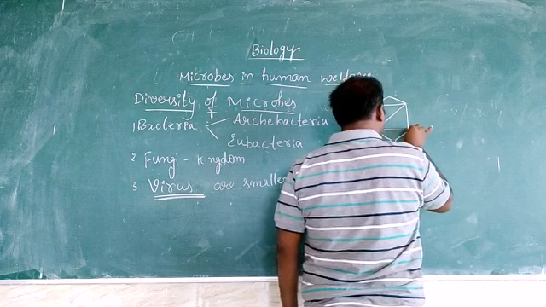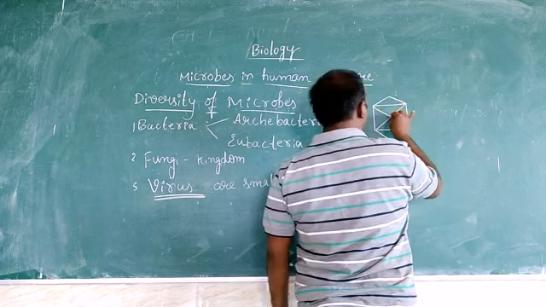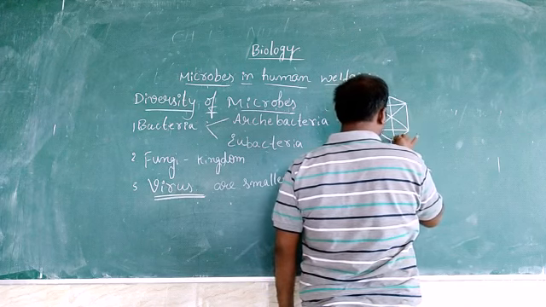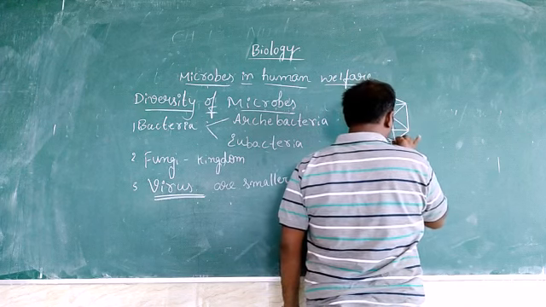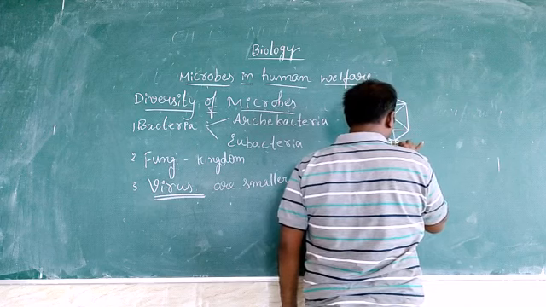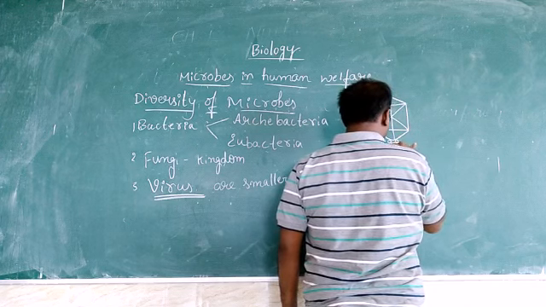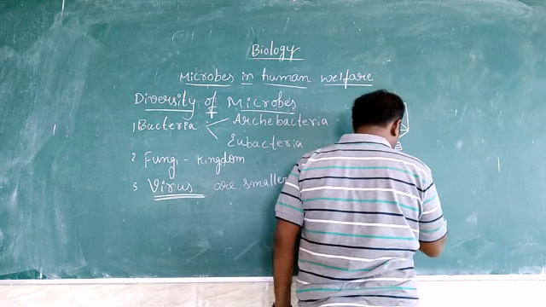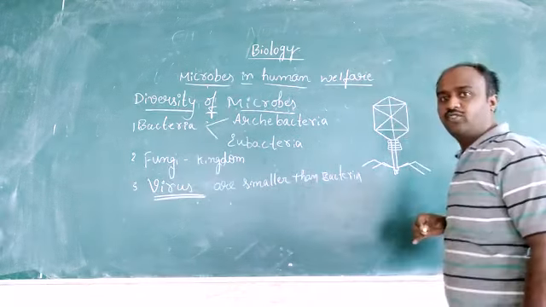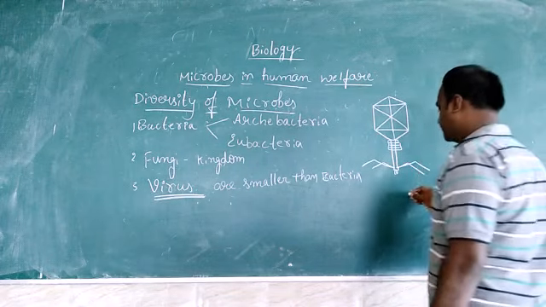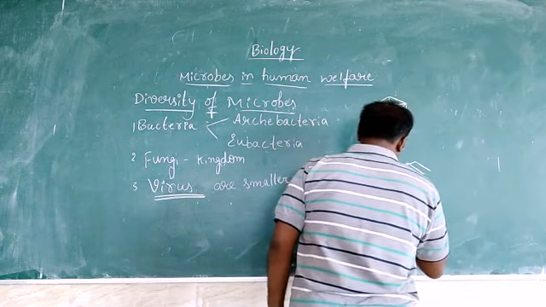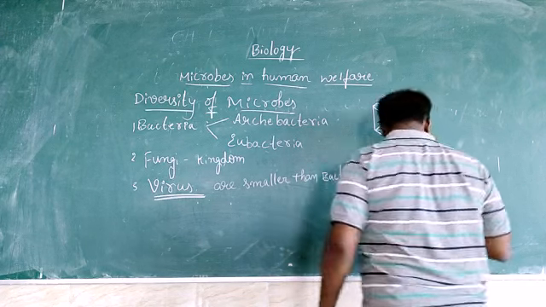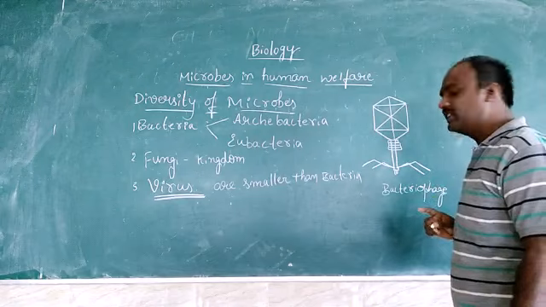This is the structure of the T4 bacteriophage. I write it roughly. If we label it, this is the T4 bacteriophage. It is not a bacteria, it is actually a virus.